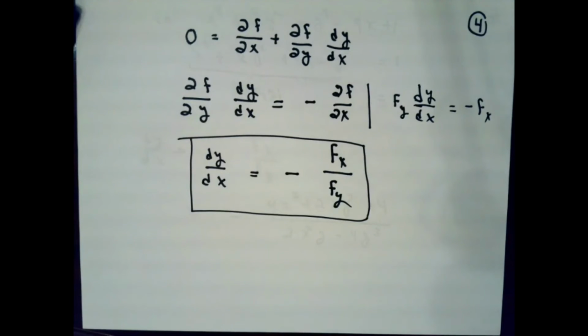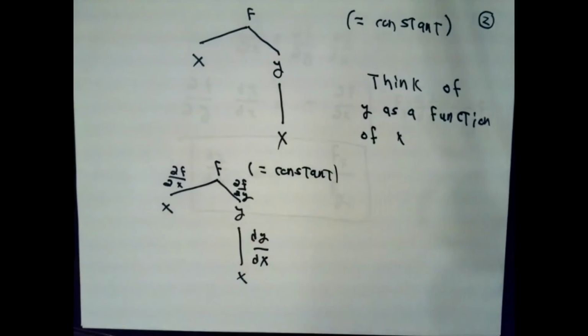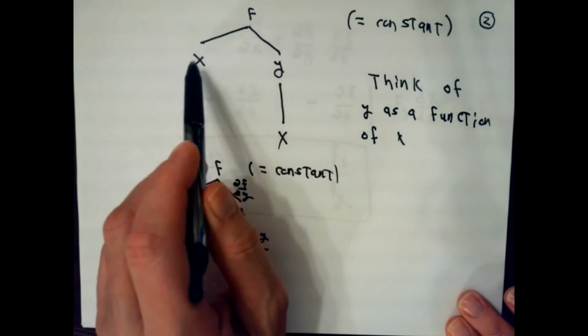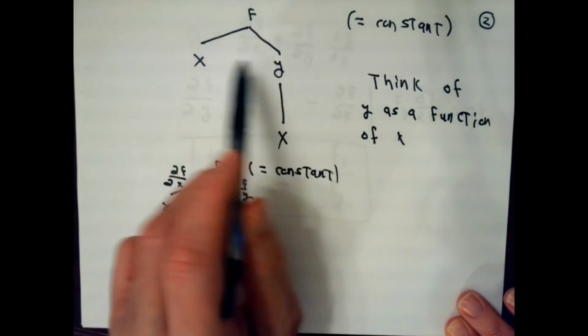Now, you might be thinking that both of those are 0 because f is a constant, but we have layers to our thinking here. On the one hand, f will be defined explicitly in terms of x's and y's.